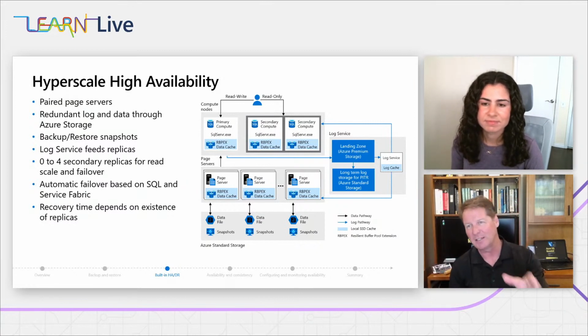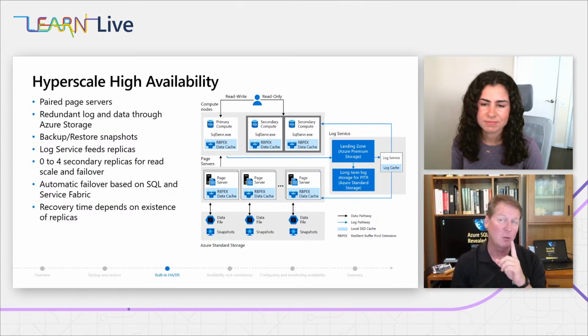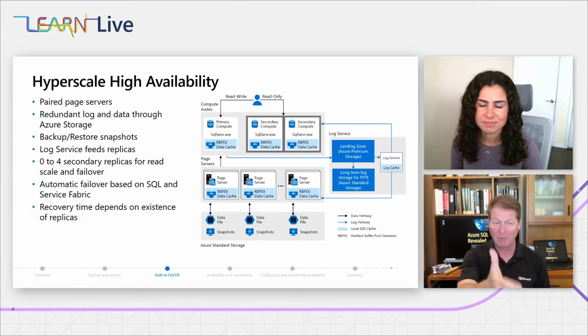So this is why I get this idea of 0 to 4. But remember, in business critical, we only gave you 1 read replica. Now you get up to 4 secondary read replicas for purposes of failover and for read scale. And so again, the recovery time here in Hyperscale is going to depend on the existence of these replicas. And you can think of this as the best of both worlds.